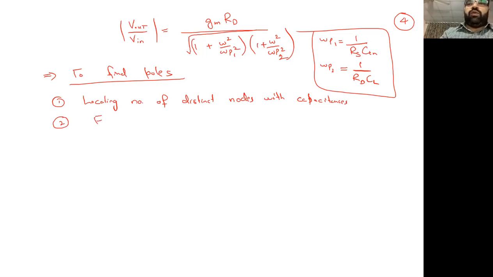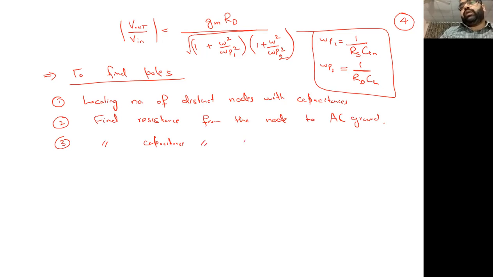Then find the resistance from the node to AC ground. Third, find the capacitance. Sometimes it can be combined, so you need to find it from the node to the AC ground.